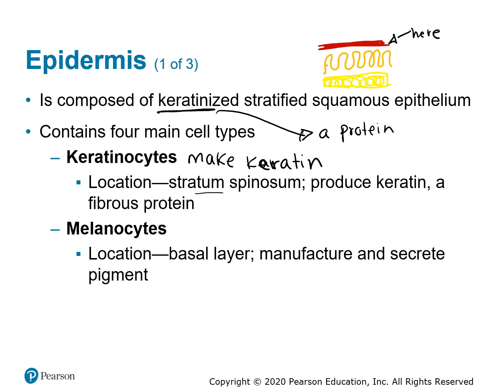We'll talk about the layers of the skin in just a couple of slides here. Great. Okay, melanocytes, they are in the basal layer, and they manufacture and secrete a pigment. That pigment is called melanin.